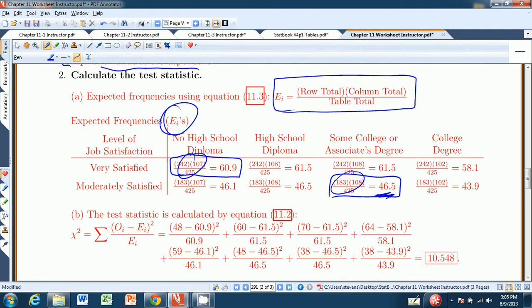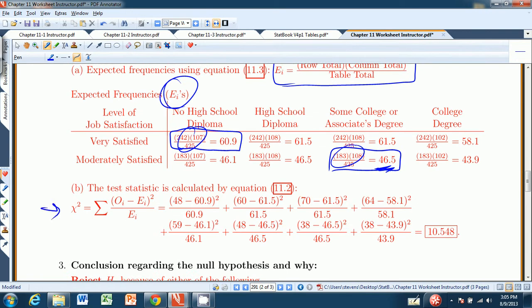And that allows us to calculate our test statistic, where we sum up for each cell the observed frequency minus the expected frequency squared divided by the expected frequency. And so when we do this, let's take a look at this. Where did this one come from? 48 minus 60.9 squared, all divided by 60.9.